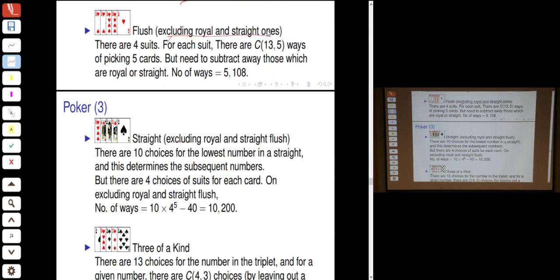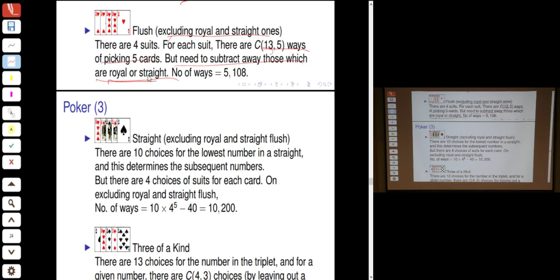So how do you do that? There are 4 suits. For each suit, there are 13 choose 5 ways of picking 5 cards. So without any restriction, you just choose the 5 cards. But you want to subtract away the sets of cards which are straight flushes or royal flushes.